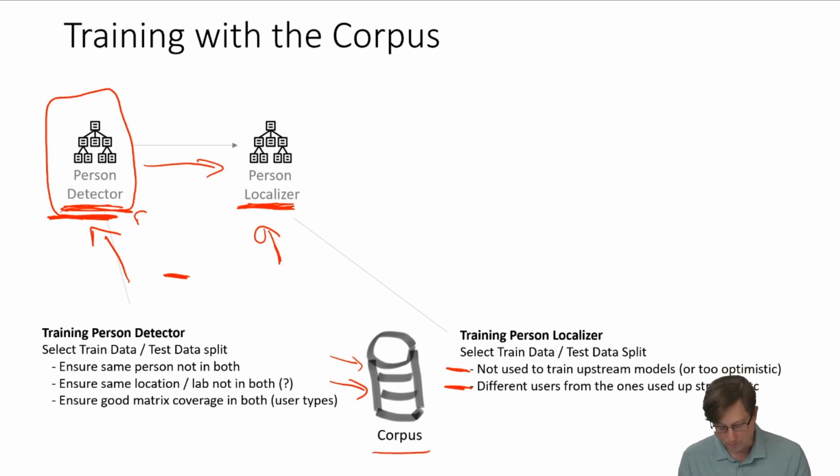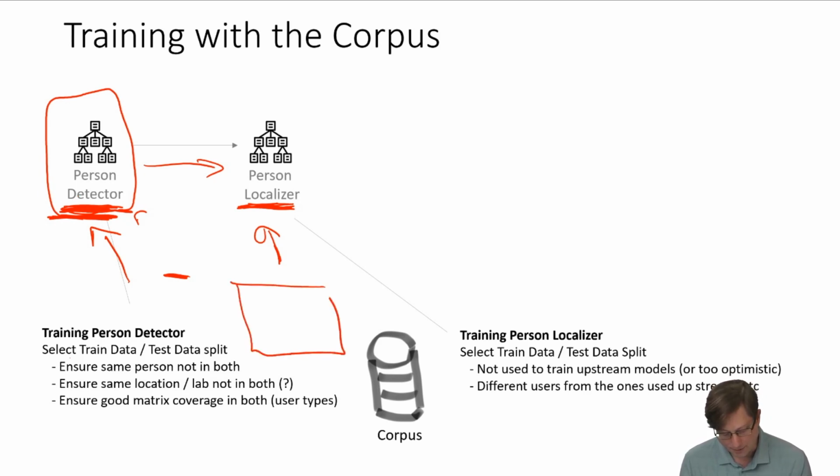So not only will you learn models that won't generalize as well, because they'll be solving the easy part of the problem where the detection lined up very well, but you also won't know your true generalization accuracy. So you might ship a product and it works much less well in practice. I've been using this person detector example, but maybe even more clear with the person localizer: if you want to learn where the person is and you run the model on data that it was trained on, it's going to do a much better job of localizing the person in that image.